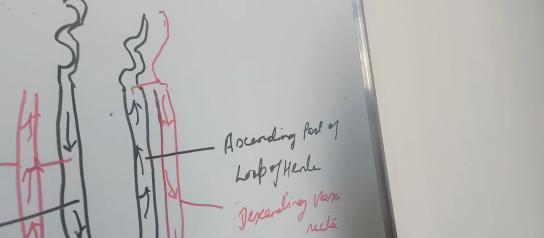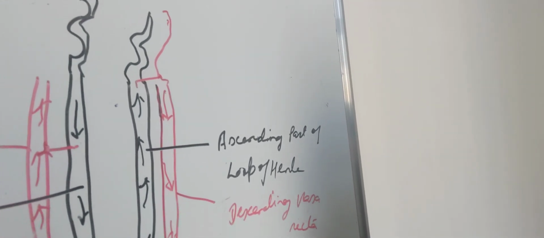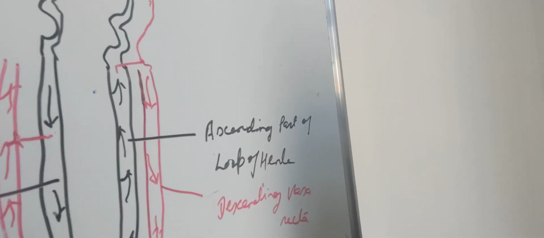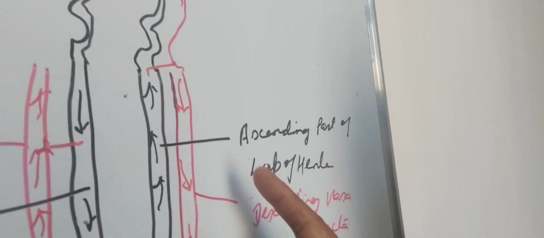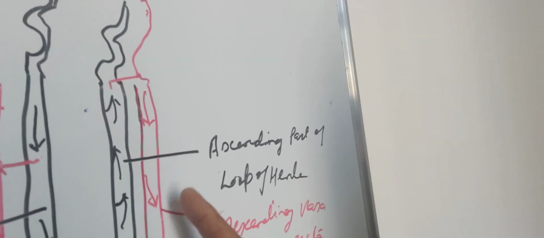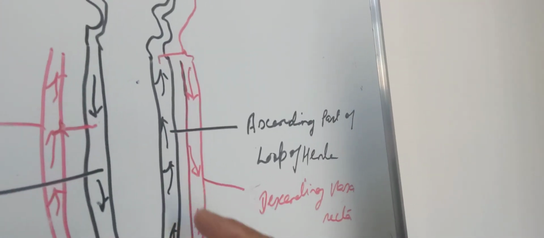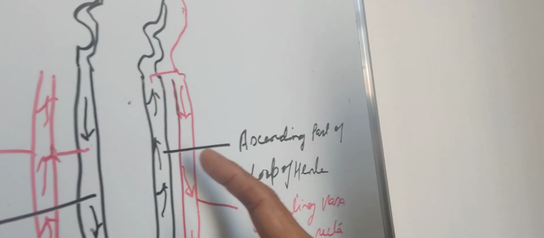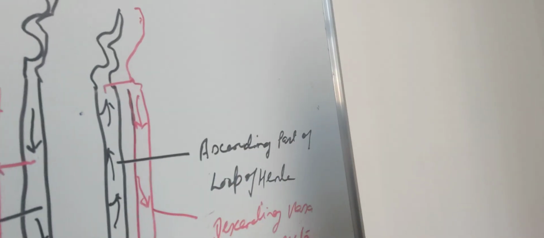So there is a counter current in both portions, the loop of Henle as well as the vasa recta, and they are running parallel to each other. So there is exchange of material between these. Sodium ions from the ascending limb pass to the descending limb of the vasa recta, which is called sodium chloride.